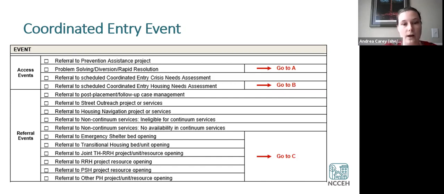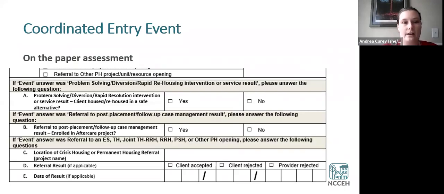Okay, so we've got those event types described there, and then on the right-hand side, we've got some indication of our conditional logic. So if we have a problem-solving or diversion conversation, we're going to go to A, and that's just a little bit below. We have, was the client housed or rehoused in a safe alternative?